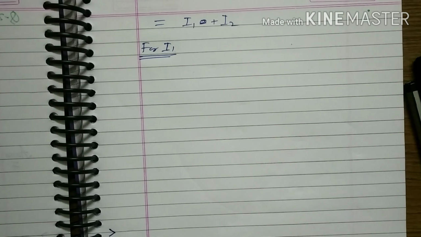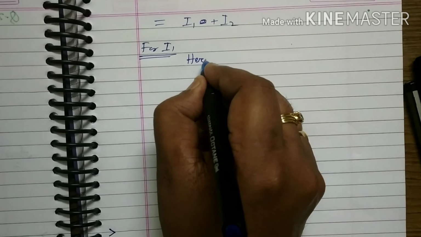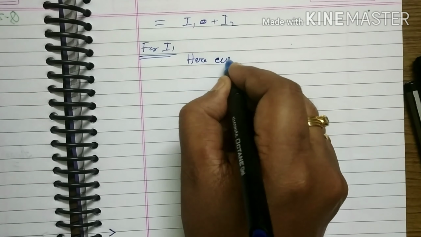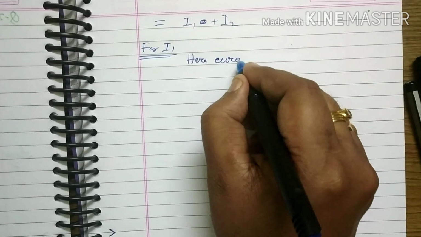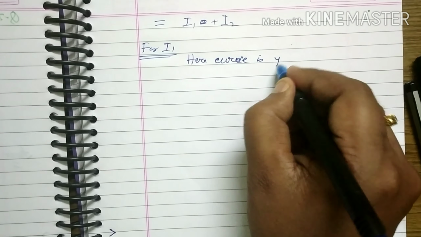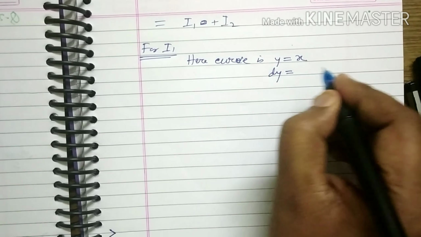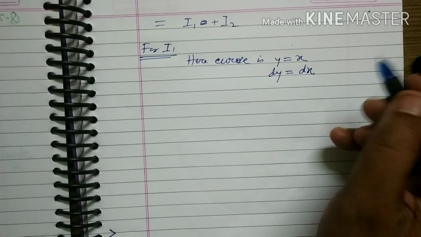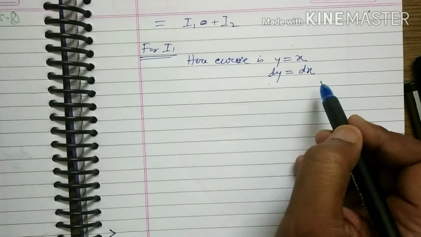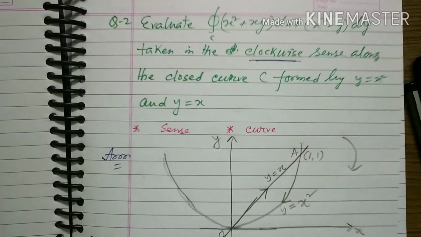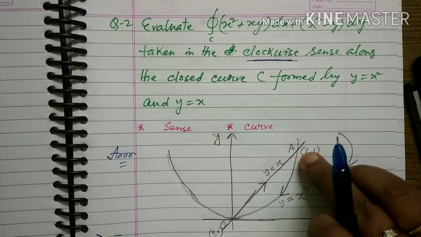Here the curve is a very important part. The curve is y equals x, so dy equals dx. That means you can replace all y by x and all dy by dx along this curve.